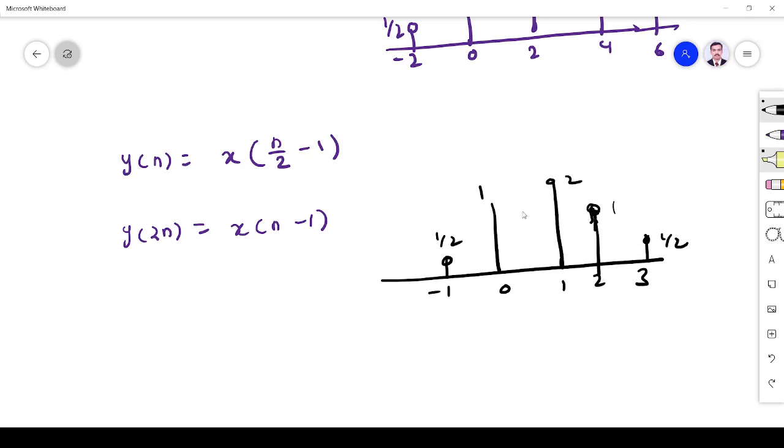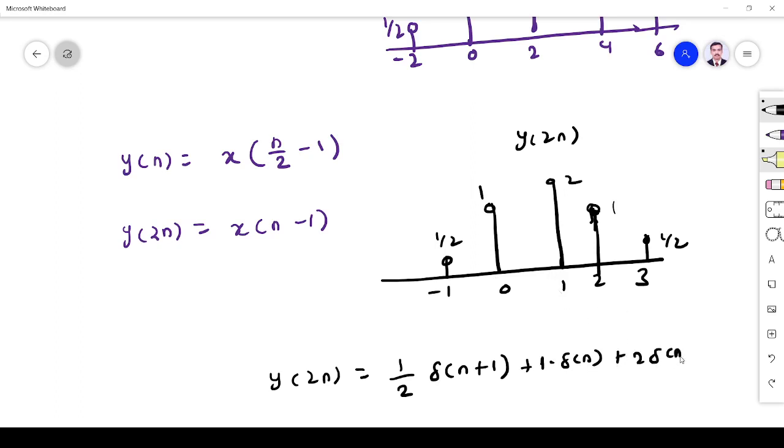So I can write y of 2n in terms of delta: 1 by 2 delta of n plus 1, amplitude 1 delta of n, amplitude 2 delta of n minus 1, amplitude 1 delta of n minus 2, and 1 by 2 delta of n minus 3.